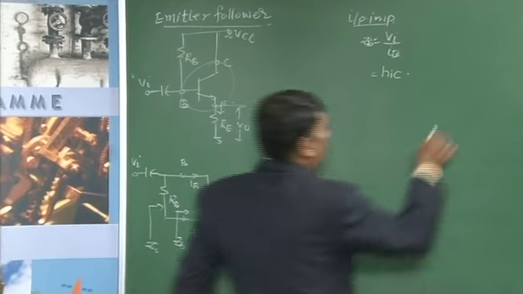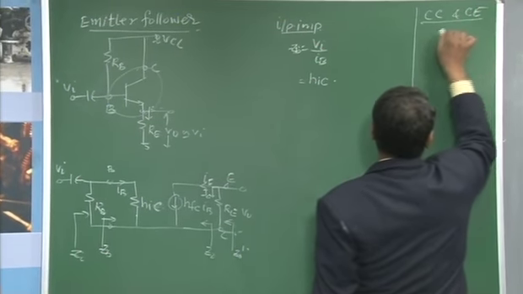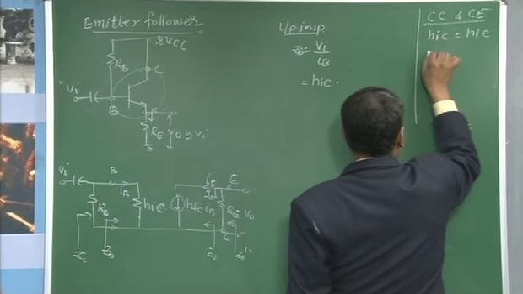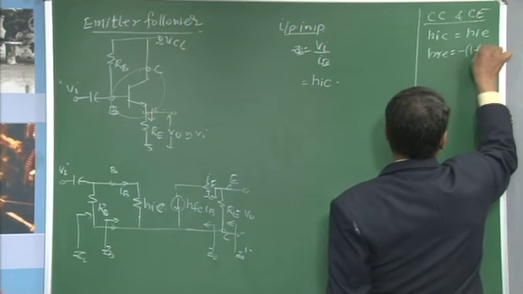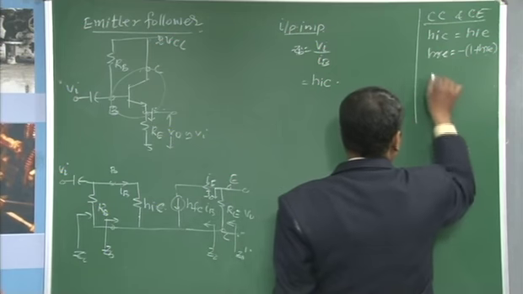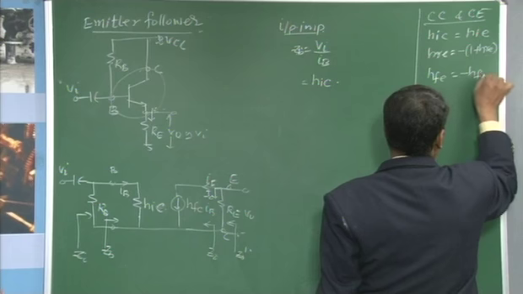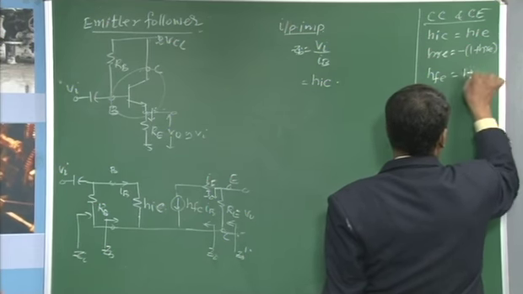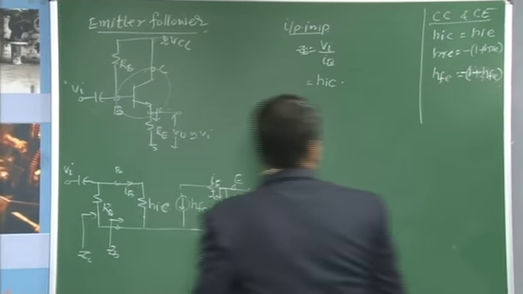Already we know the relationship between CC and CE parameters: hic is equal to hie, hrc is equal to minus of 1 plus hre, and hfc is equal to minus of 1 plus hfe, where hre we are not using.